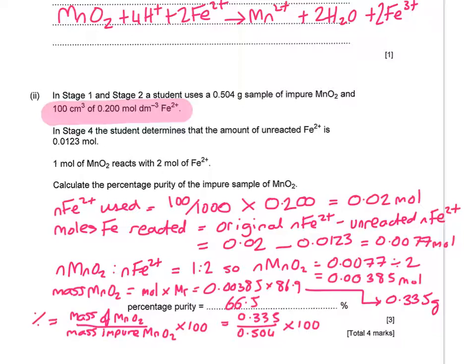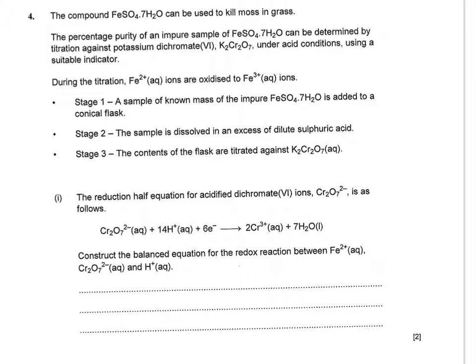So the next part is a similar style of question. It gives you the stages of your titration procedure, the data that you need as you go, and the first part asks you to construct the balanced equation for the redox reaction. So again, we need to remember, do the recall of the Fe2+ to Fe3+ equation.